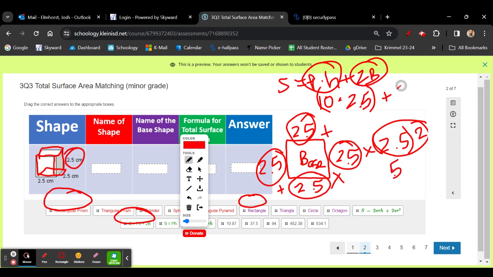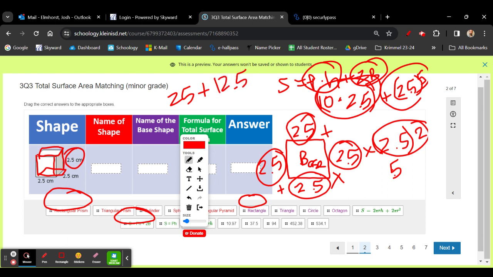So ultimately, the last part of this is going to be 2.5 times 5. Now we'll work it all out. 10 times 2.5 is going to be 25. And then 5 times 2.5 is going to give us 12.5. So we add that all up to get our total surface area.